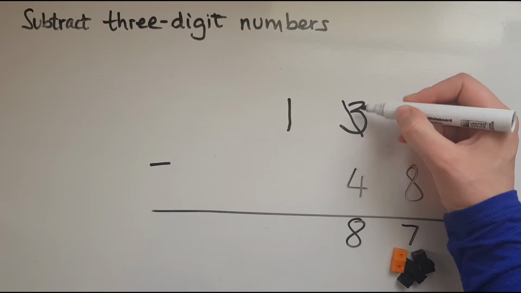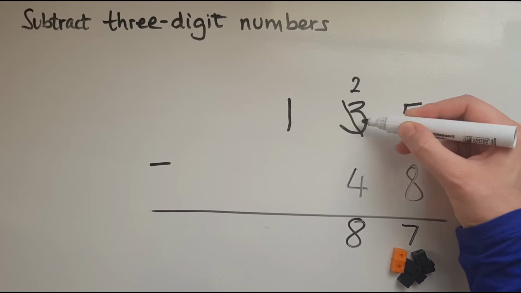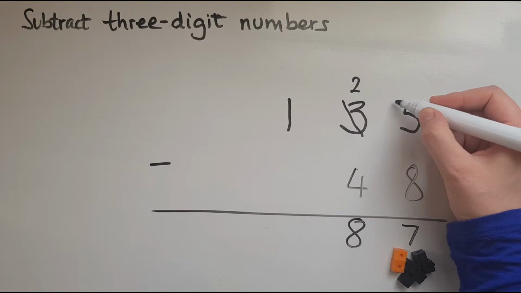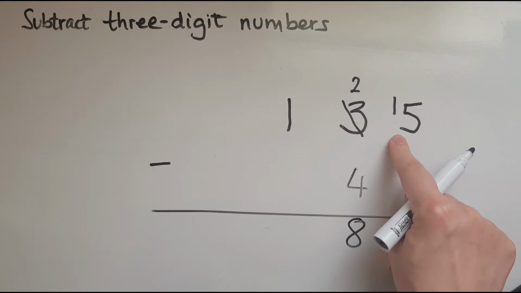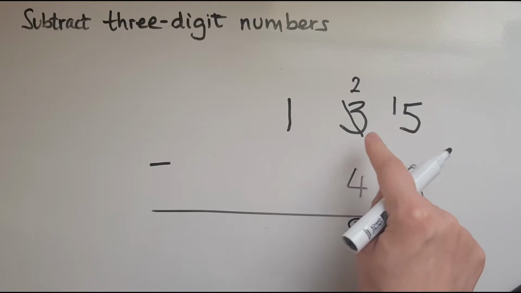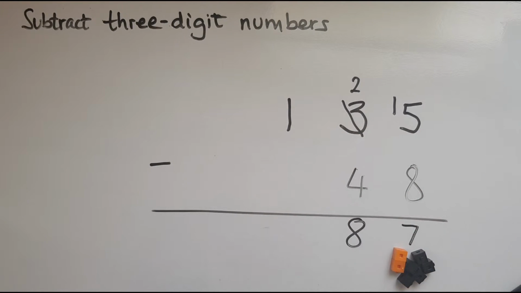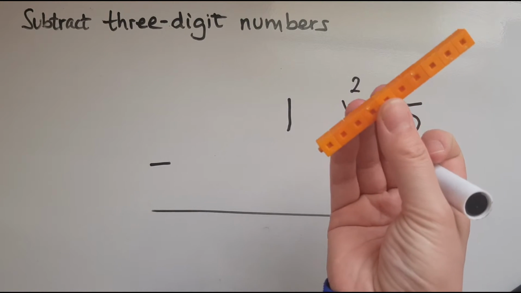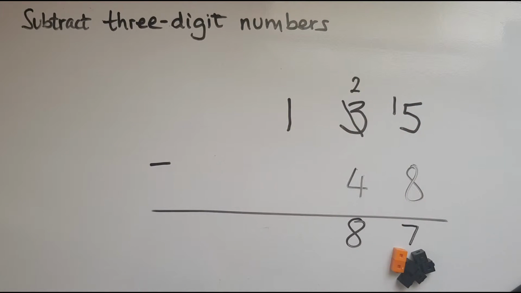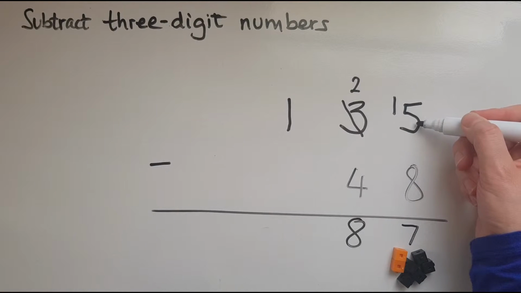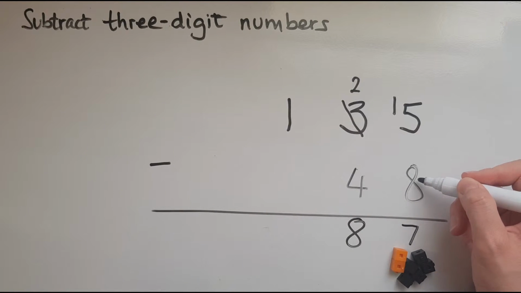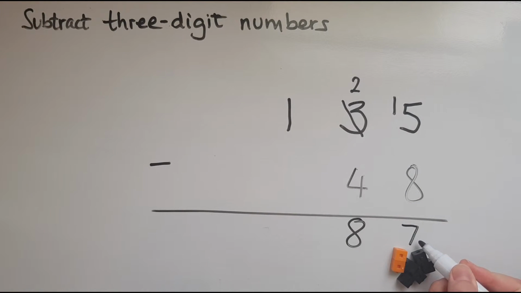So I borrowed 1, the 3 became a 2, and since it's a lot of 10, that made this 5 a 15, because a lot of 10 is worth 10 single cubes. So that became 15. I take away 8 from it, which leaves me with just 7.